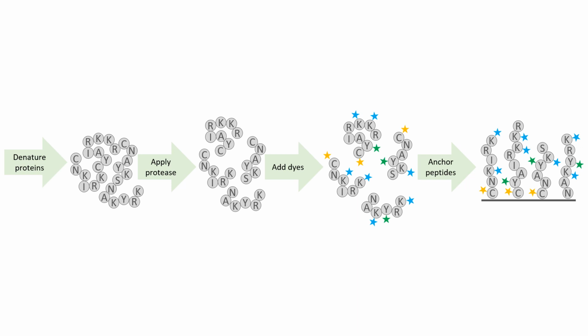In fluorosequencing, you start with a biological sample of proteins, and you may not know what all proteins are in that sample. You take these proteins and denature them, or unfold them, into a string of amino acids, where each of these letters here is one amino acid. We'll then apply a protease to this, which will cut up this string of amino acids into smaller chunks, which we call peptides.